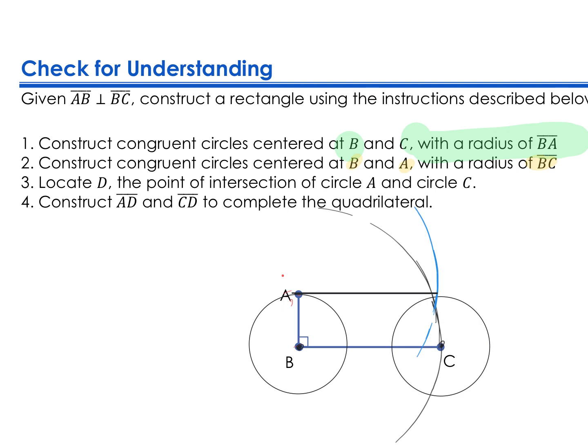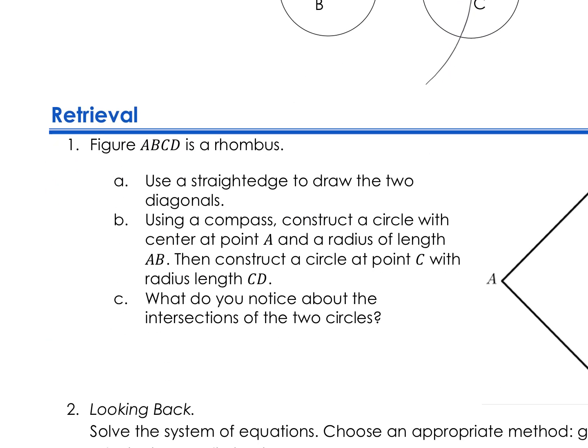So it looks pretty good there, pretty close. And then we get our fourth line there. So there's our rectangle, all right? We get these two arcs, these two big circles here, and where this circle that's centered on A crosses this little circle, that's where our rectangle lands, okay?